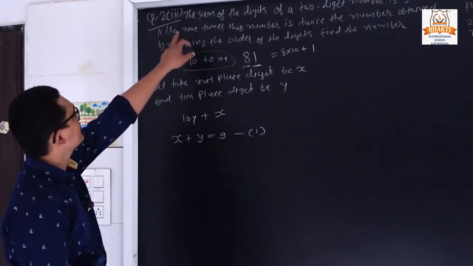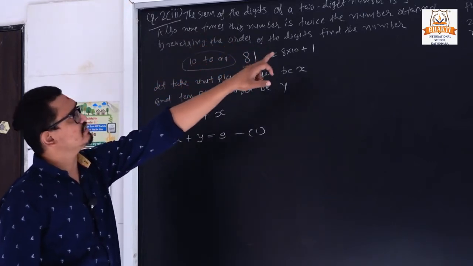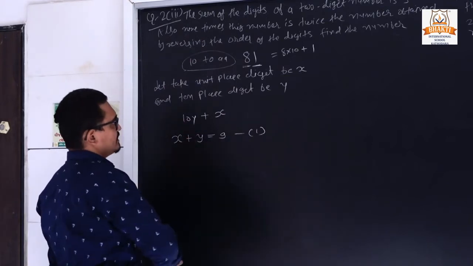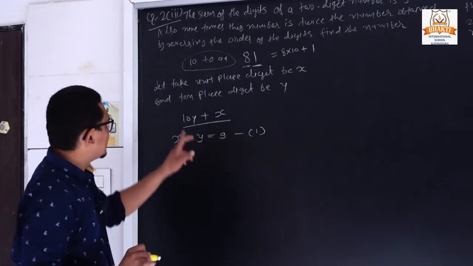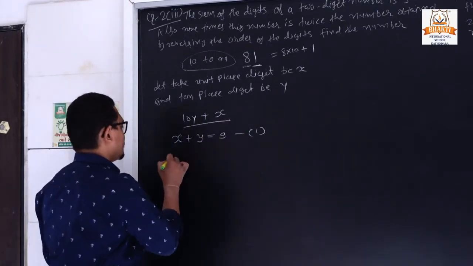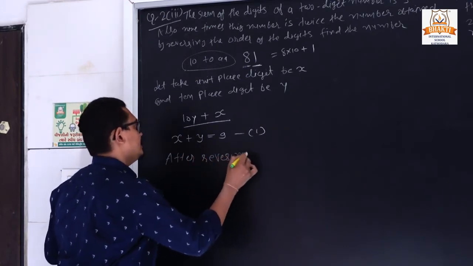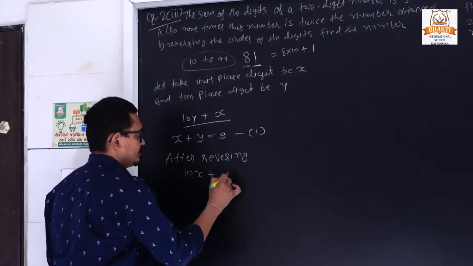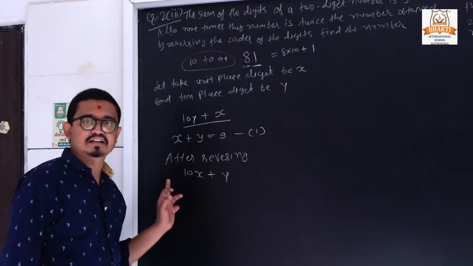Now next condition, also 9 times this number is twice the number obtained by reversing. Means what is the reversed number? Suppose our actual form is 10y plus x. Now after reversing, what happened? Our number is like that, 10x plus y, because we reverse the number.